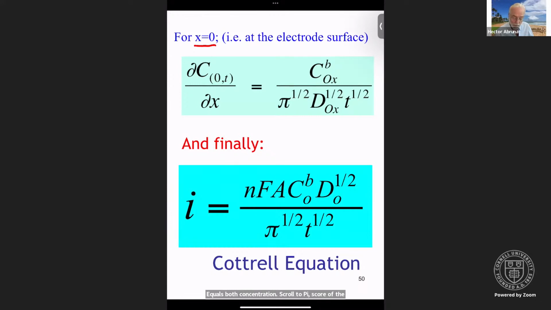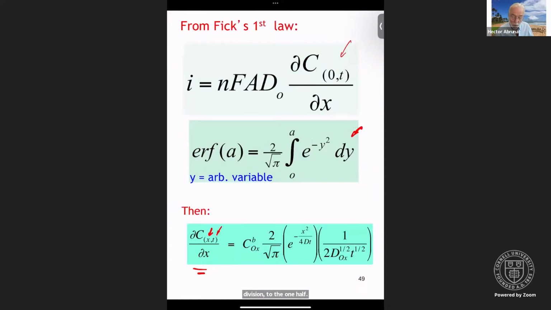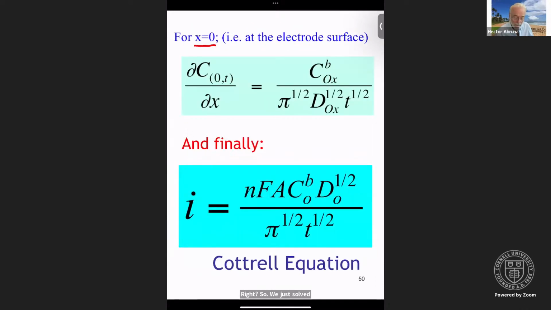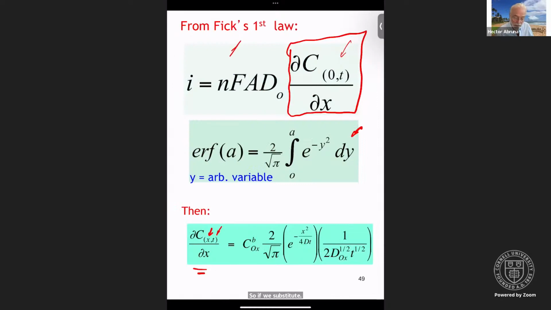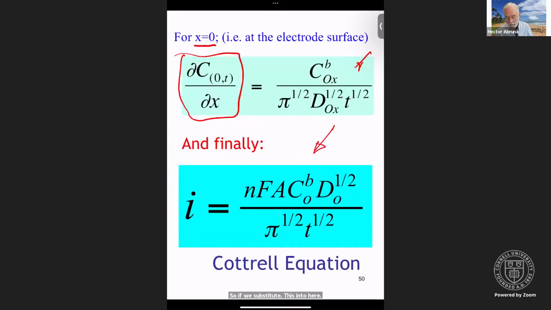And so we just solved for this. So if we substitute this into here, we get this, which is called the Cottrell equation.